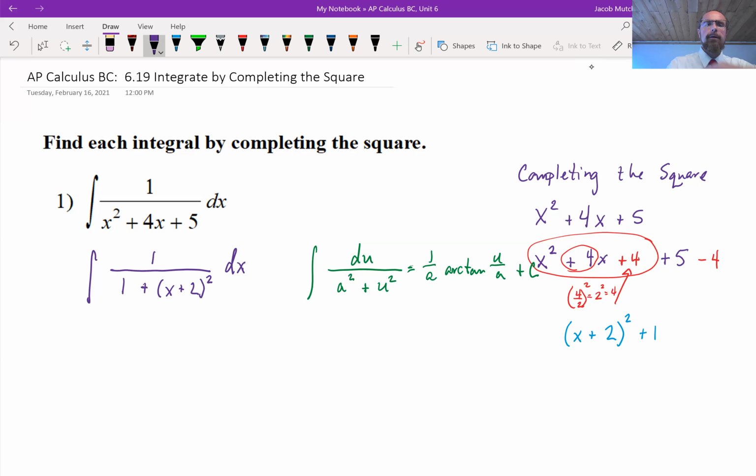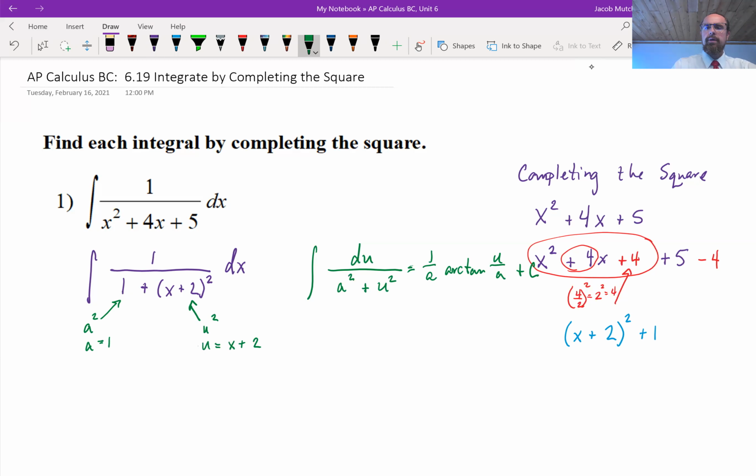Now I do that because it helps me identify my parts. This one would correspond to the a squared in my rule. And so if a squared is 1, the square root of 1 is just 1. So that's my a. My u squared is x plus 2 squared, so the square root of that is u equals x plus 2.